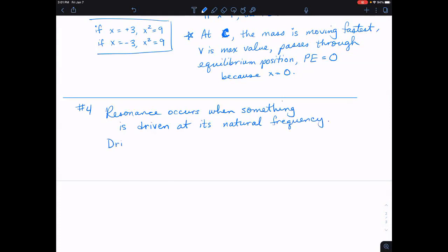Another way to say it is that the driving frequency, the frequency of whatever is doing the pushing, supplying energy, is equal to the natural frequency. That's the definition. And then the result is very large amplitude vibration.